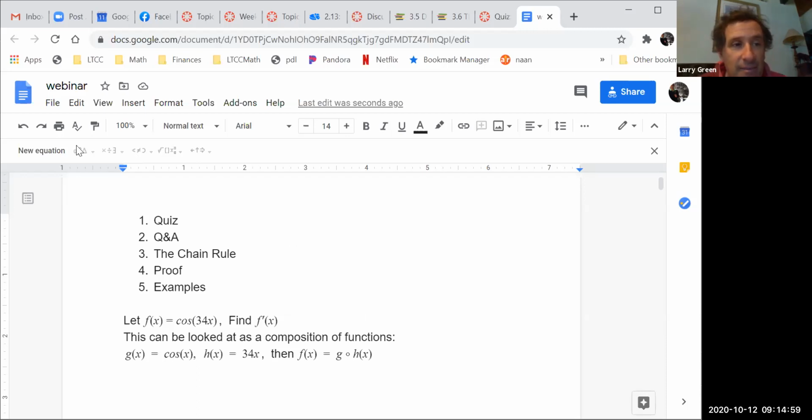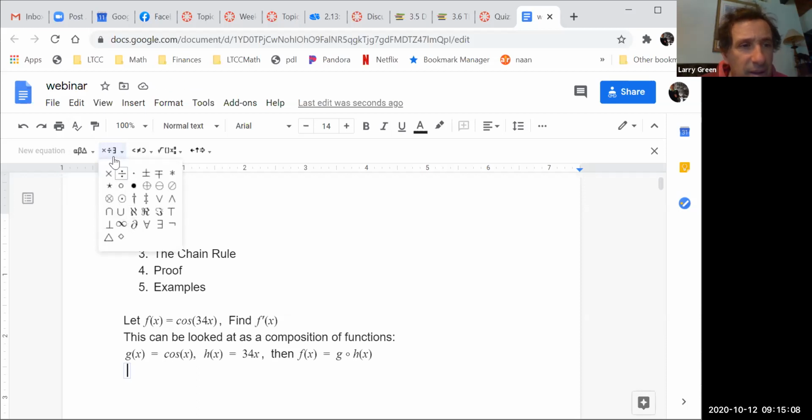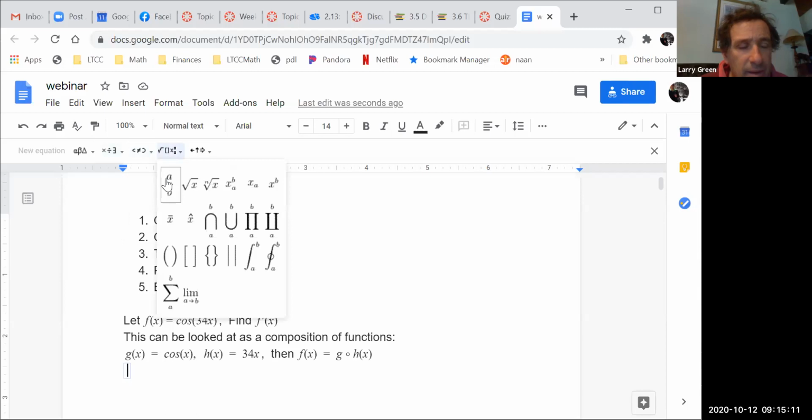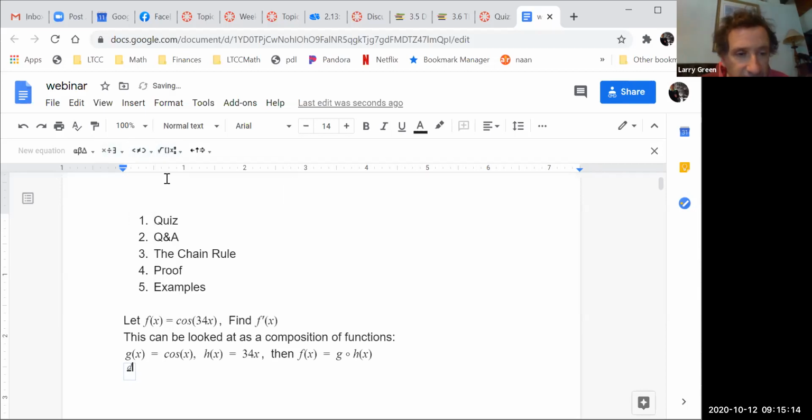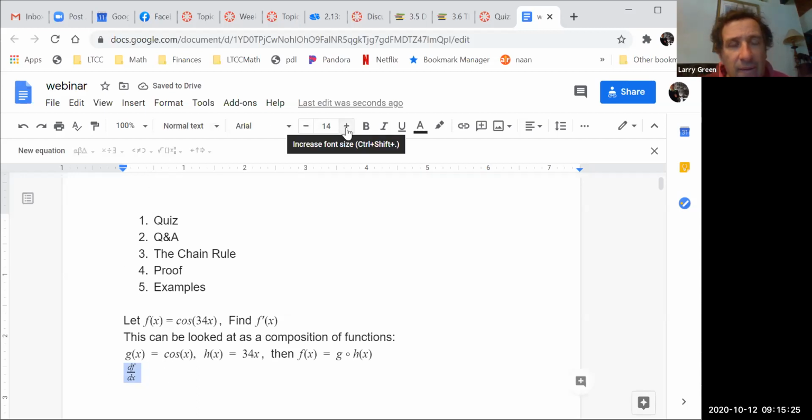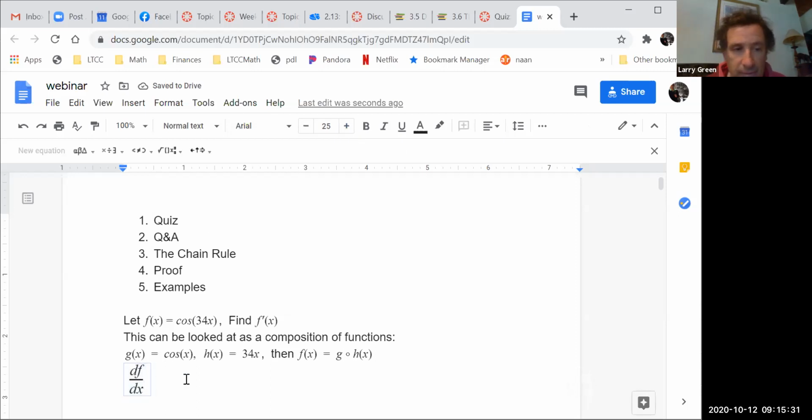We can say df over dx. So we want df over dx, but the problem is we don't know how to find the derivative of f with respect to x.